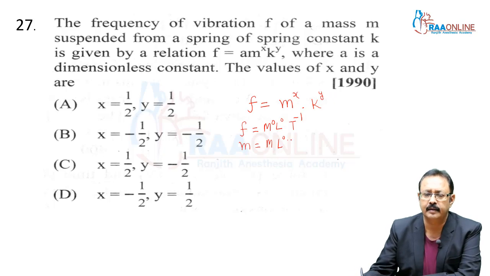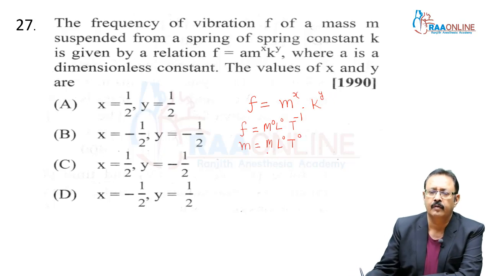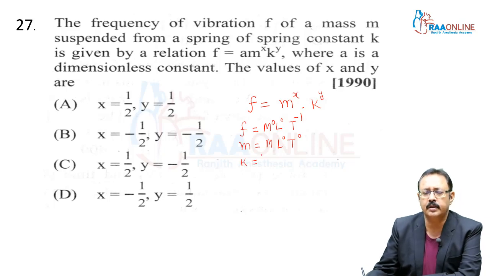What is k? Force required for extension of unit length, means force upon length. So the force constant should be equal to MLT minus 2 divided by L, means MT minus 2.